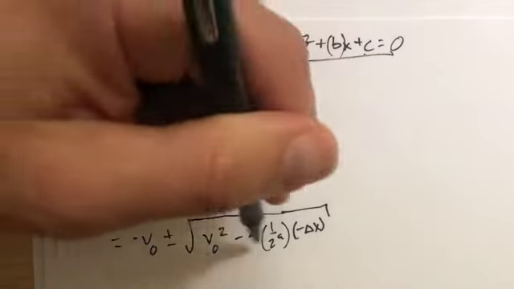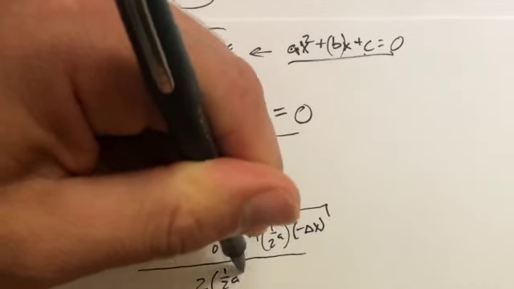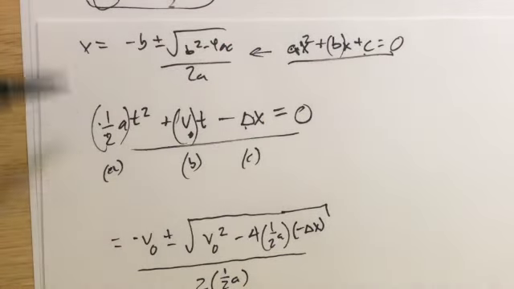All right, and that's all over 2a. And a, again, is 1/2 a right here.